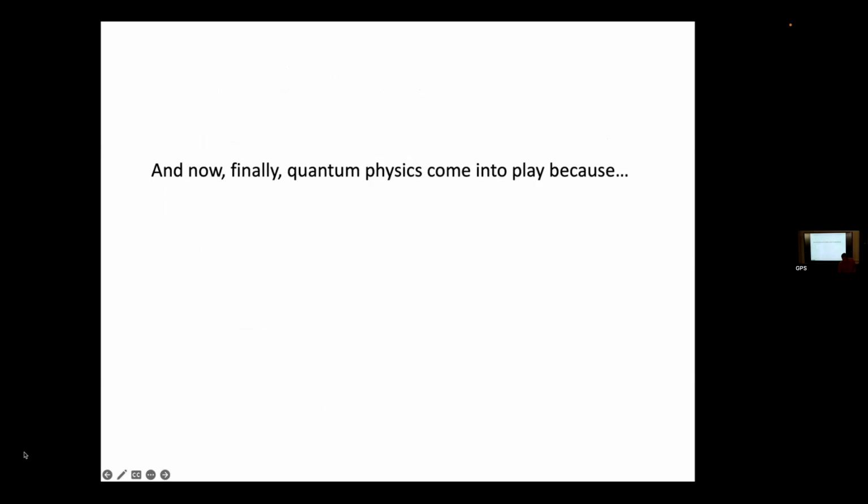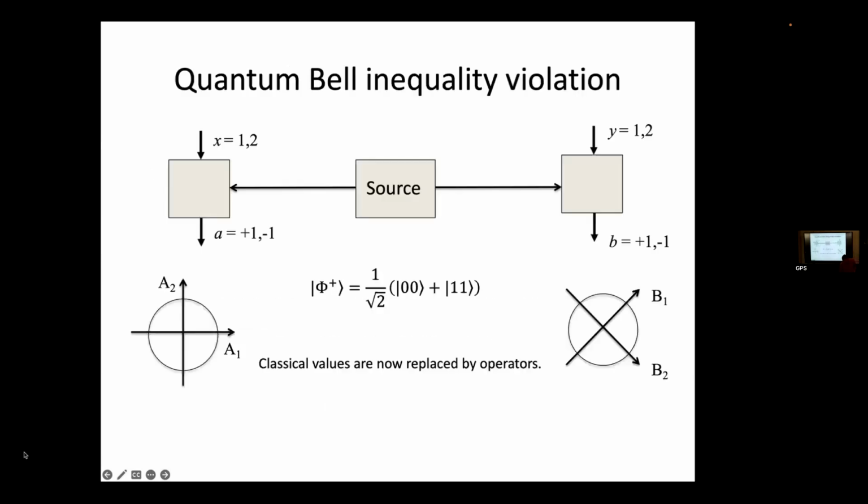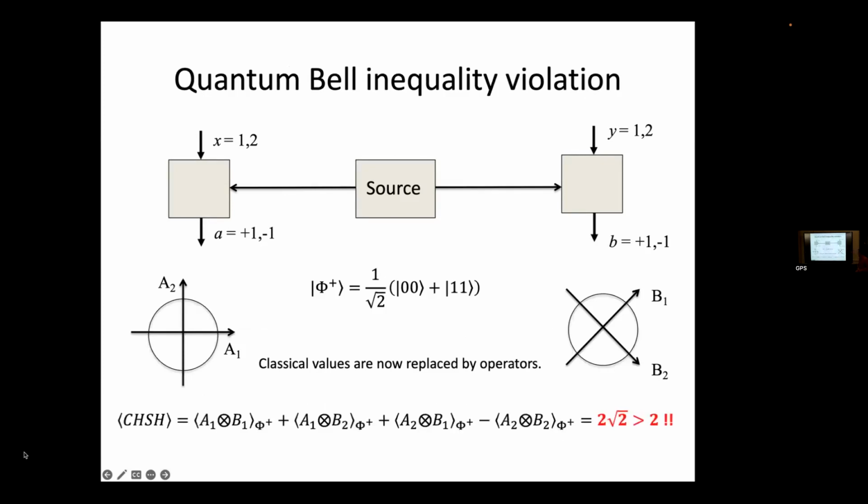Here is the first time in which quantum physics comes into play, because you can violate the inequality. There is an experiment in which you prepare a given entangled state, make some given measurements, and compute the value of the CHSH Bell expression. You get more than 2.